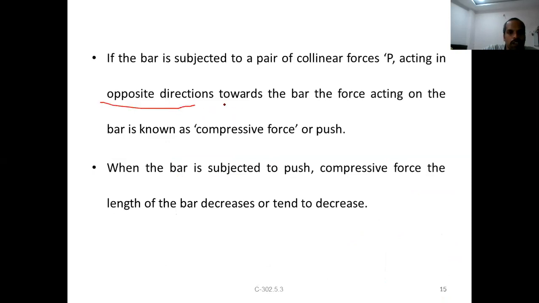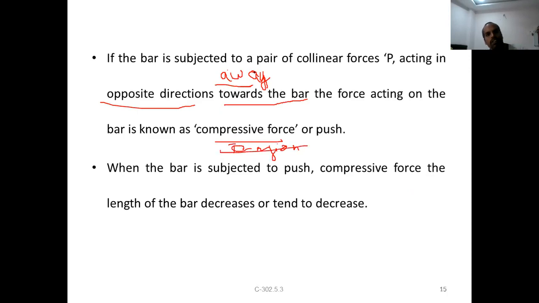Opposite only, but towards the bar is compression, and away from the bar is tension. Everything else in the definition is the same. If it is away from the bar, we call it tension, and if it is towards the bar, it means compression. That is the only change in definition for the compressive force and tensile force.